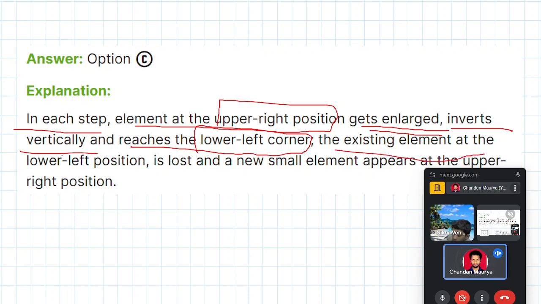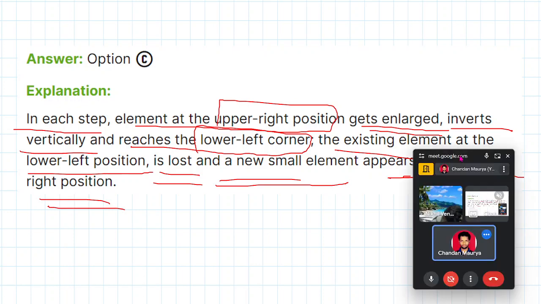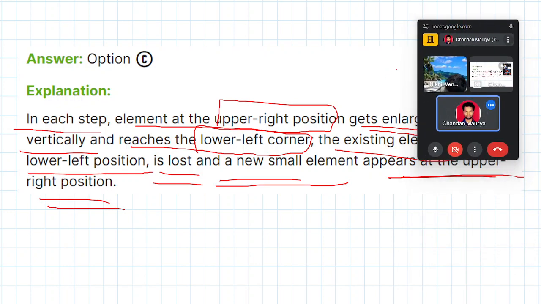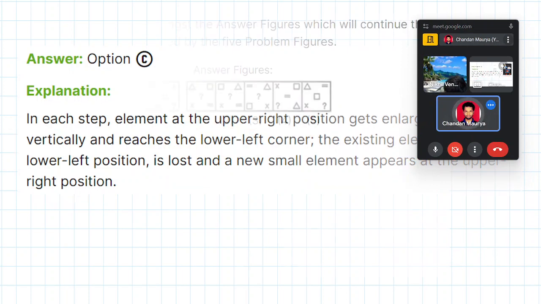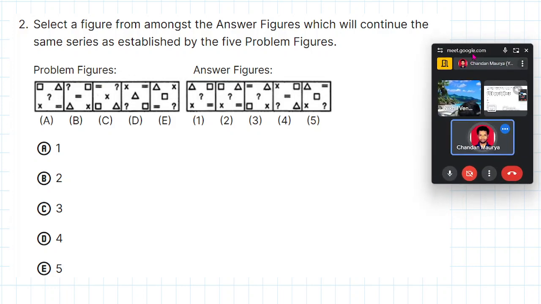An existing element at the lower left position is lost and a new small element appears at the upper right position. So a new element will appear, not the same element, and we have taken care of that. These types of questions will be there in your exams.